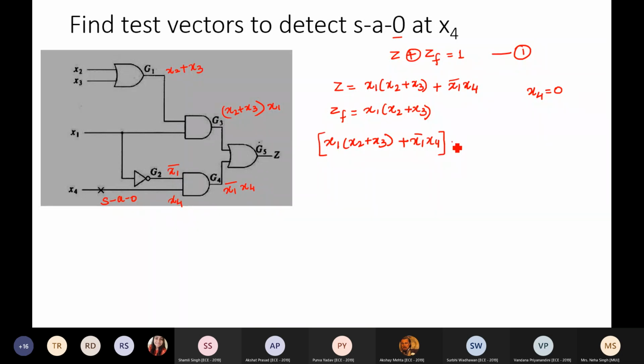This is Z. XOR it with x1 into x2 plus x3. This should always be true.